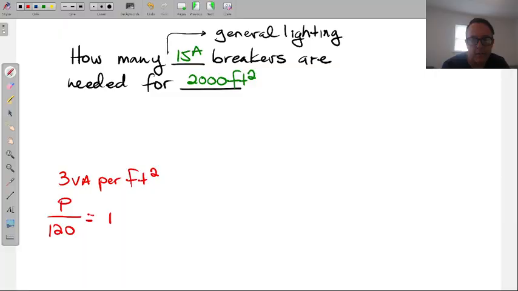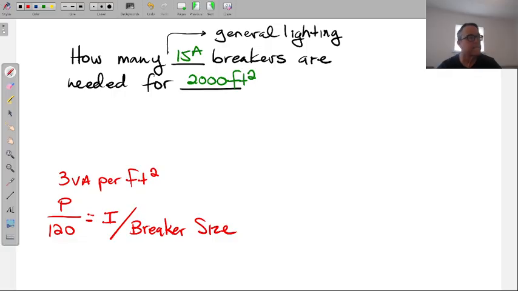All right, and we get to the amperage now, and then we divide that by breaker size. All right, here's the formula. That's 6,000 divided by 120?